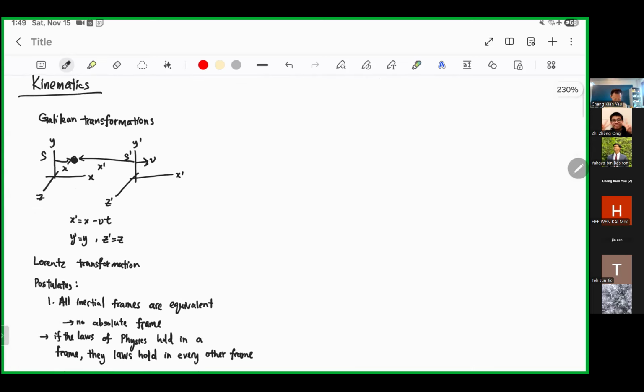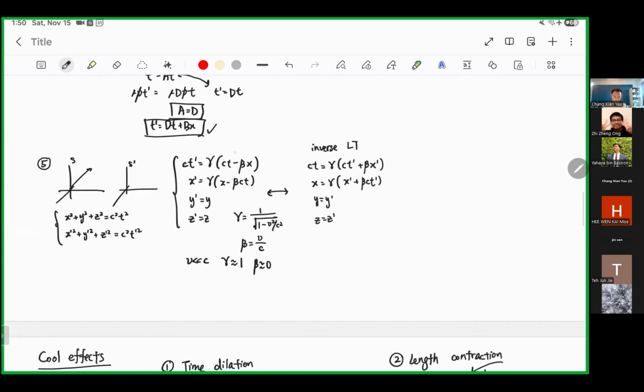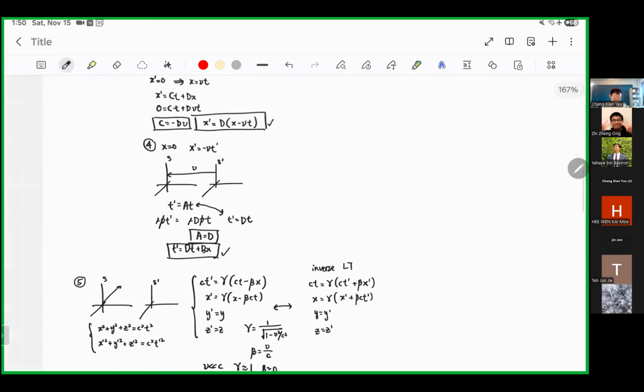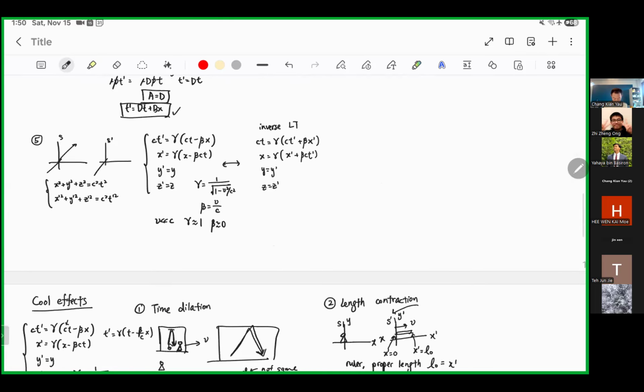I've introduced you to the non-relativistic version of this, and then we worked our way step by step by deriving. I skipped some algebra that you can do yourself after lecture. And then we get the Lorentz transformations, and then you get the inverse one, but you can get them by playing around with maths.